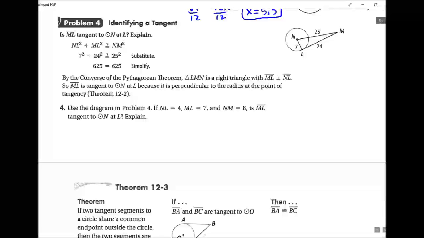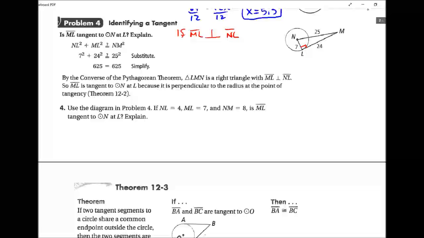If segment ML is perpendicular to our radius, segment NL, then we will have a tangent. Well, if it's perpendicular, then we're going to have a right triangle.